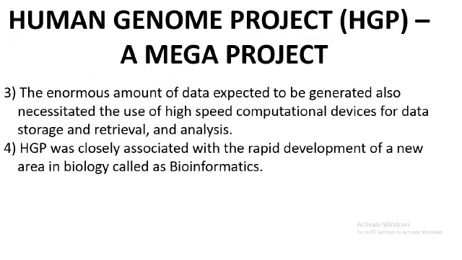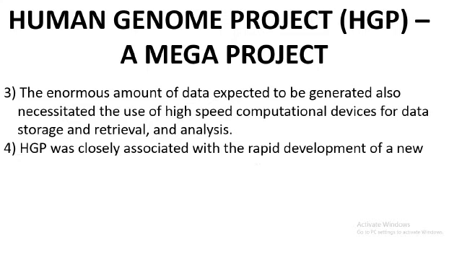These are the two highest magnitudes, and this project led to a requirement for the development of highly sophisticated computers. The second thing was, it also led to the development of a new branch of biology called bioinformatics. So because of these two magnitudes and two requirements, the Human Genome Project is said to be a mega project.